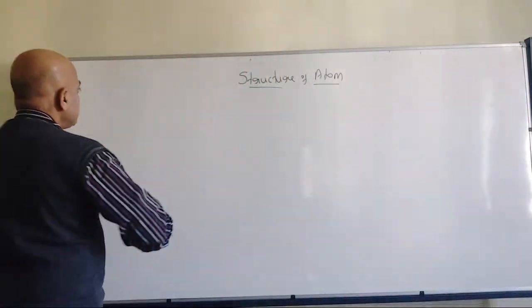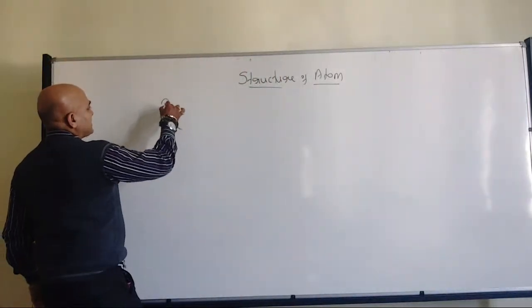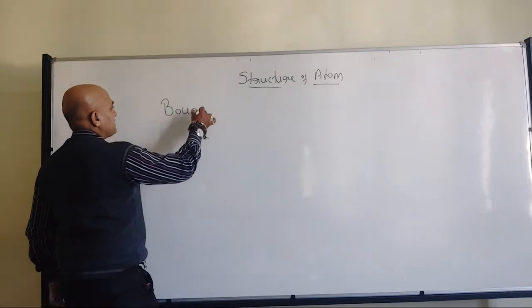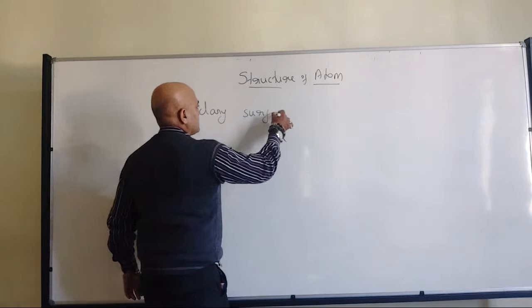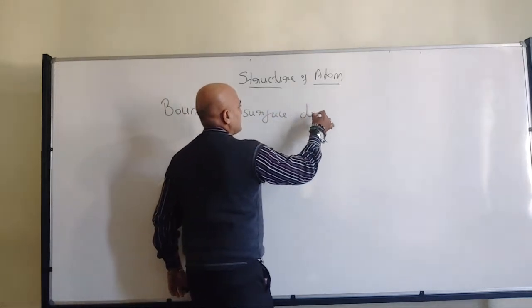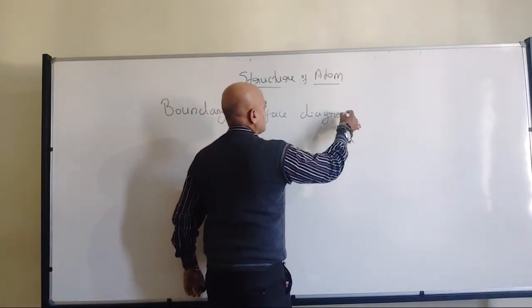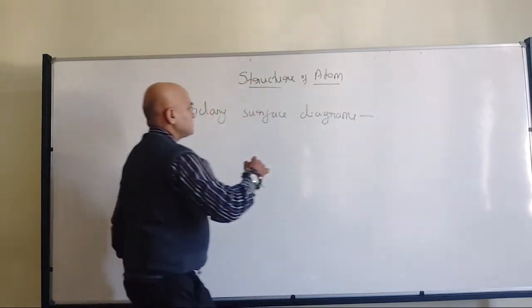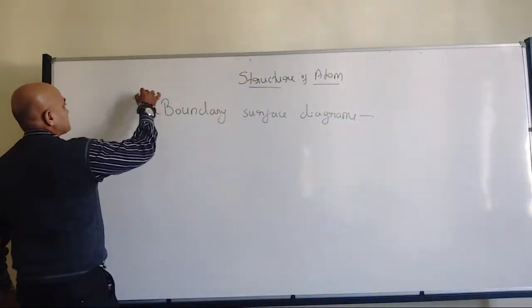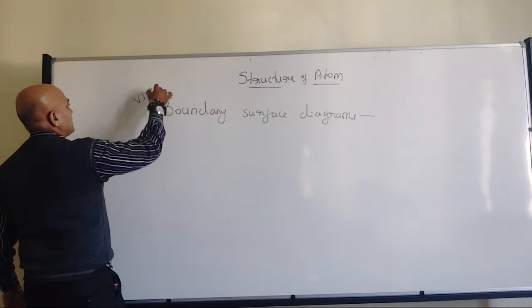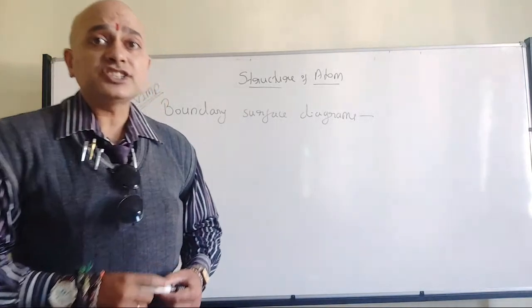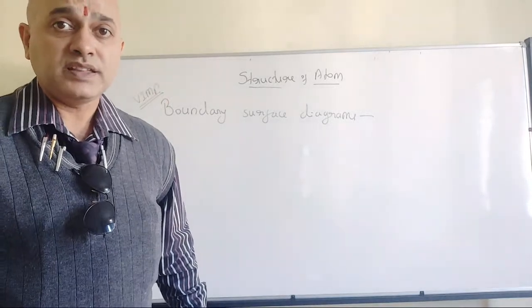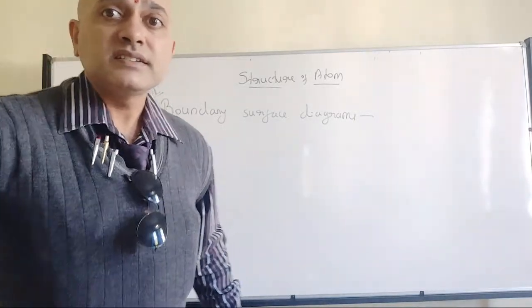Fine. So that is boundary surface diagrams. We are going to discuss this one. I can tell you this is very important, because they will ask you to write the structure of a subshell, the shape of the subshell.